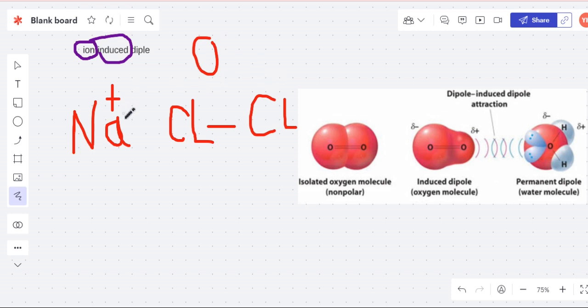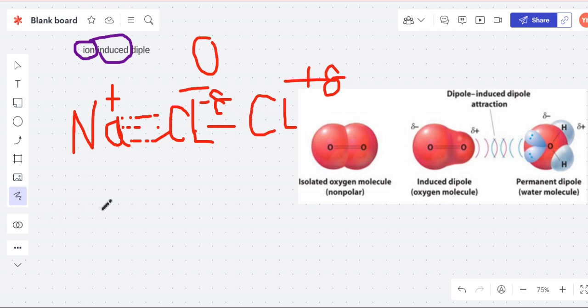But when the sodium ion attracts the chlorine atom toward itself, one chlorine gets a partial negative charge and the other gets a partial positive charge. As you can see, now a dipole moment has been induced in them, due to which they attract each other.